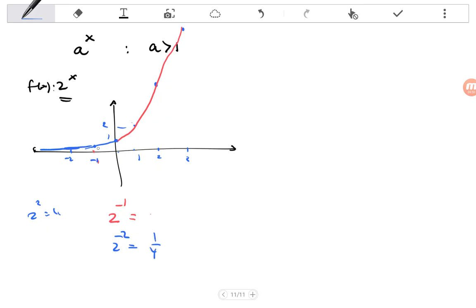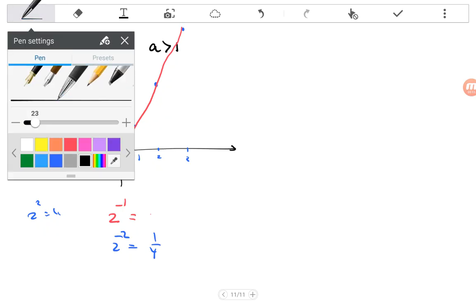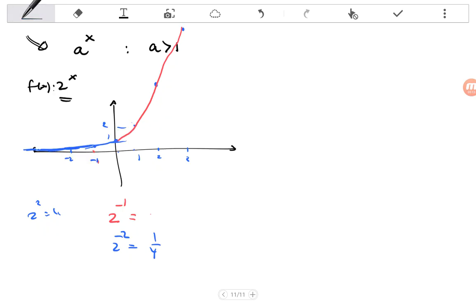It keeps getting smaller and smaller like this. So this is exactly the exponential function. As you see, in this case, when a is greater than 1, the curve is just like that.